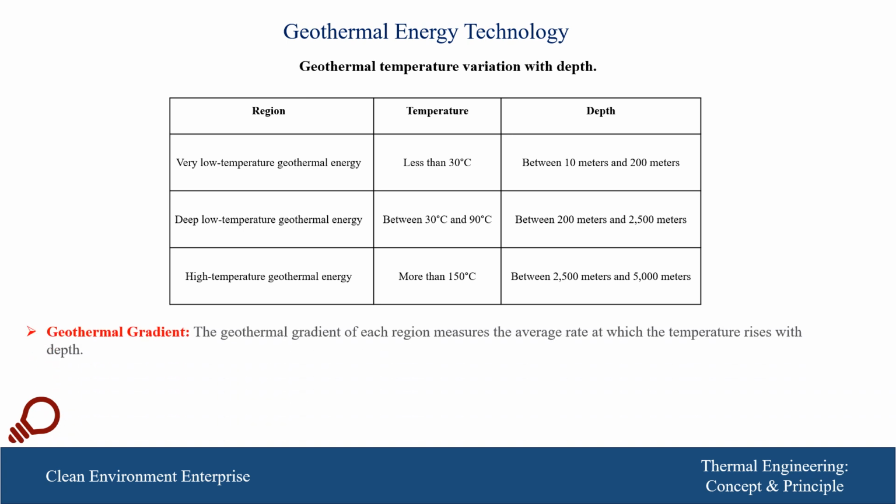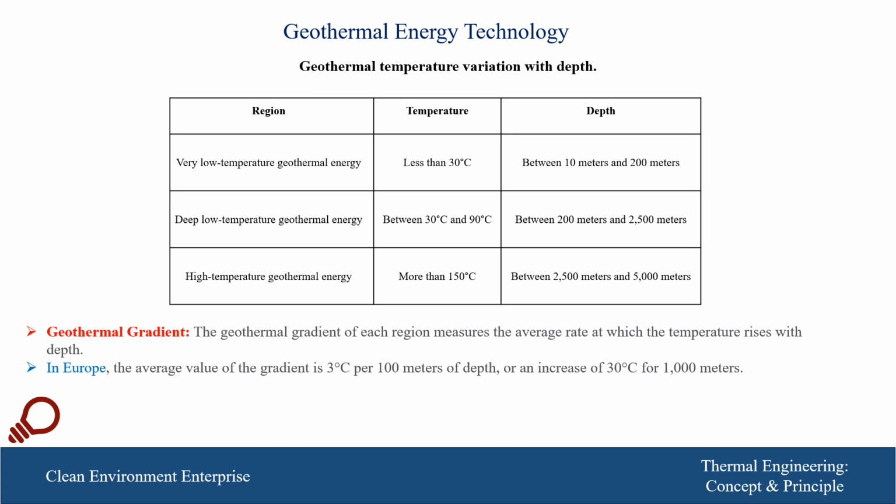There is a term called the geothermal gradient, which refers to the average rate of temperature variation with depth. For example, in Europe, the geothermal gradient approaches 30 Celsius for each 1,000 meters. Of course, this is again a general guide.